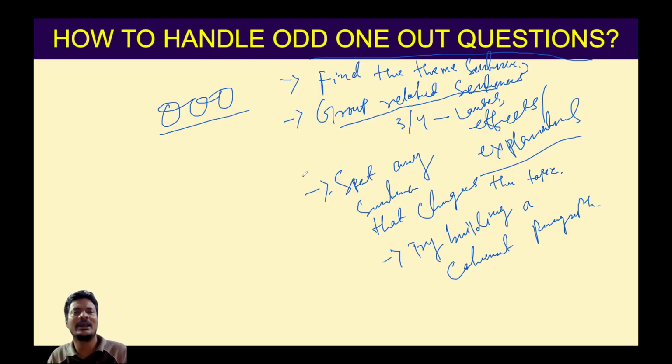So therefore, they are connecting to one another in a better manner. But the odd one generally does not connect anywhere.